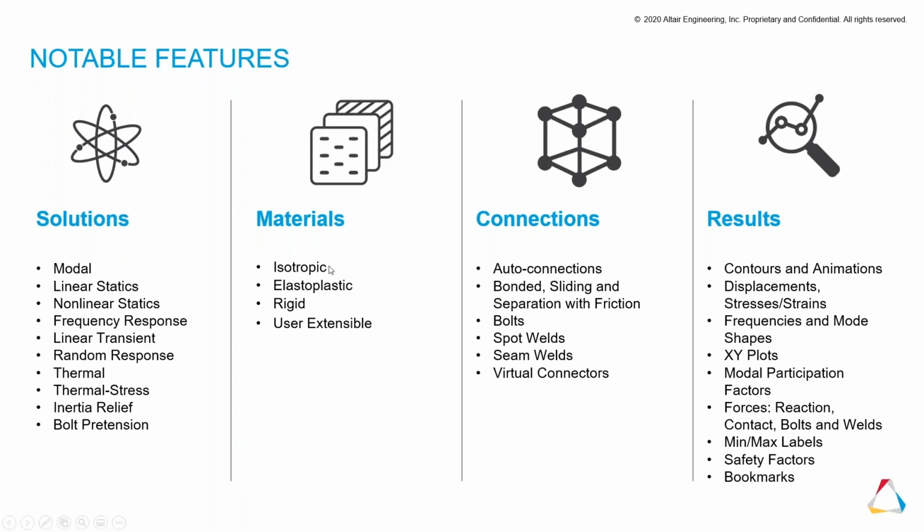It covers isotropic, elastoplastic, rigid as well as user extensible materials. These are important because you sometimes need rigid materials. You can create different types of connections, which include auto connection, bonded connections, bolted connections, welded connections, and virtual connections, and you can see almost all types of results which you may require for any engineering analysis.